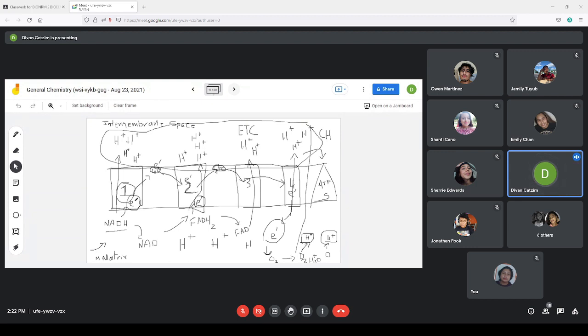So in the enzyme complex number 1, NADH plus H releases those hydrogen ions. And those hydrogen ions will be actively transported by the transfer of electrons from NADH plus H to unit 1 of the electron transport chain.